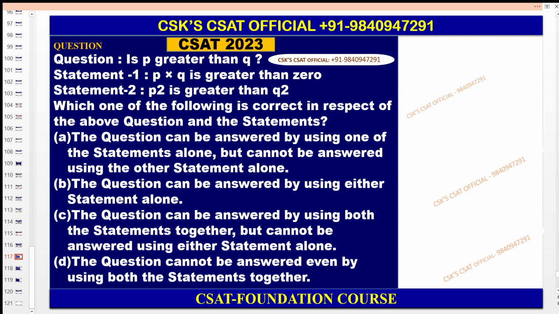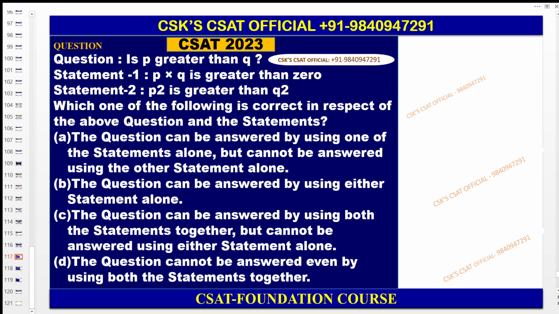So in this data sufficiency kind of question, they'll give you some statements and then there will be a question. What you need to do here is check whether that question can be answered or not. Understand one thing, question can be answered or not, that's it. Whether that statement is right or not, you don't bother.